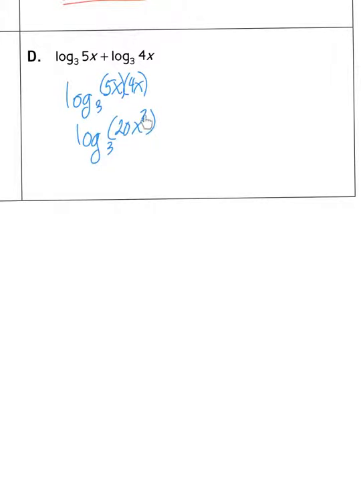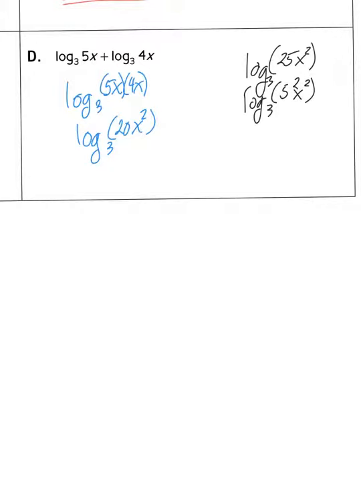Now you don't want to loop this 2 over here for 2 reasons. One, we don't want anything in front, but also because this isn't squared either. I can't write this as something squared. Like for instance, if I had log base 3 of 25x squared, then I could write the 25 as 5 squared x squared.